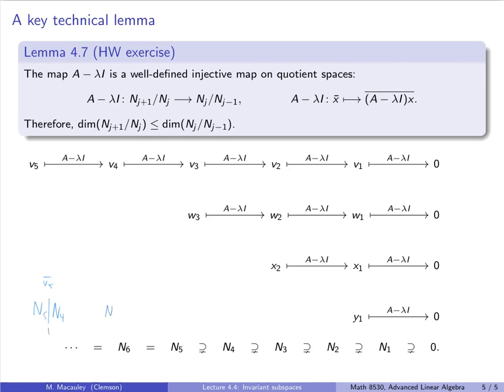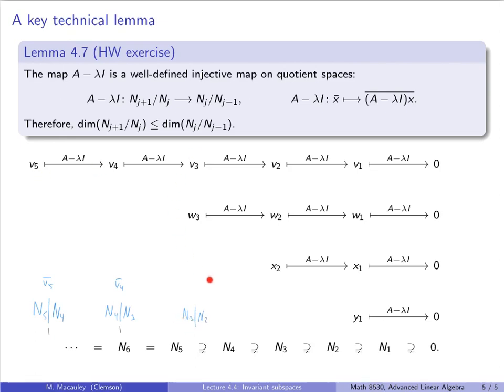So N4 mod N3. N4 is this 10-dimensional space, and N3 is this 9-dimensional space. So the quotient is going to be 1-dimensional, and a basis is going to be v4 bar, the equivalence class of v4. v4 needs 4 bullets. You can't get it done with 3. Similarly, N3 mod N2. These are the guys that need 3 bullets to be killed.